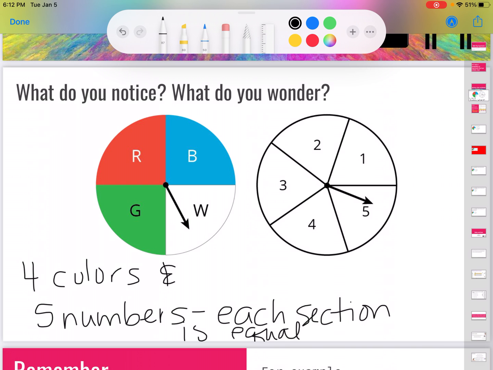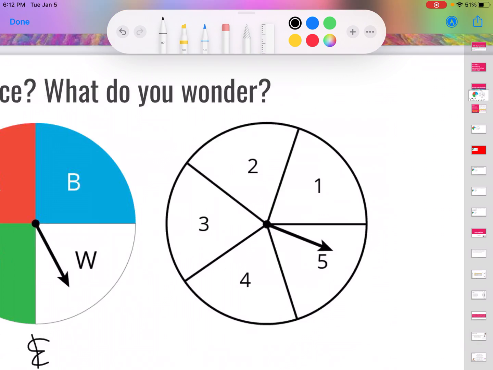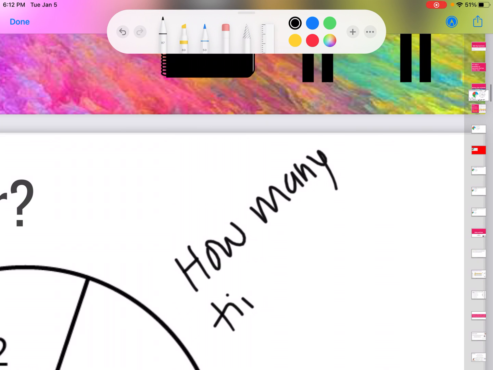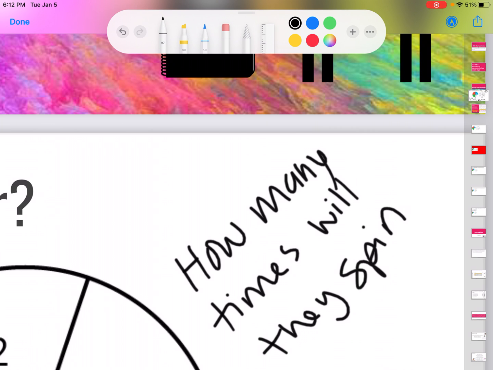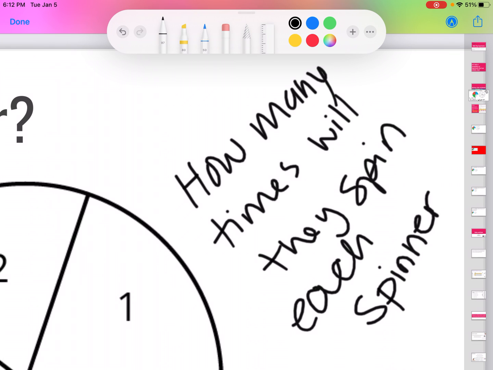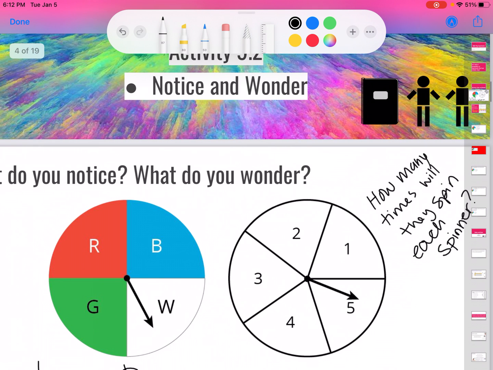How many times they're going to spin the spinners? Okay, you could wonder things like, what's the probability of getting a certain number? You could wonder all sorts of different things about this.